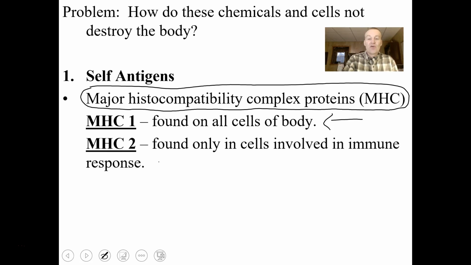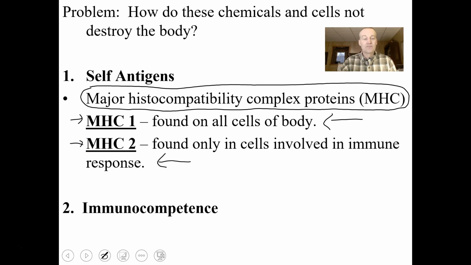Cells that are only involved in immune response have what we call MHC2 complexes found on the surface of their cells. These are going to be really important, as you'll see in just a second, in different kinds of immunity that we utilize. So we have self-antigens, things that we can recognize as being part of ourselves.